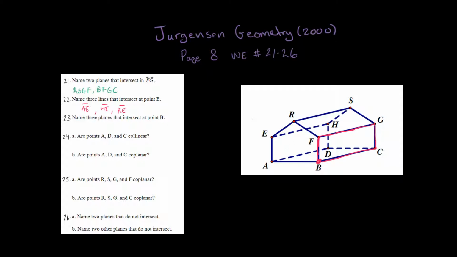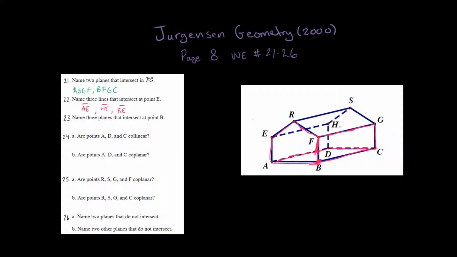Another plane that touches point B is this plane right over here. And the last plane that touches point B is this base plane right over here. These two upper planes don't touch point B, and neither does this back one or this back one.